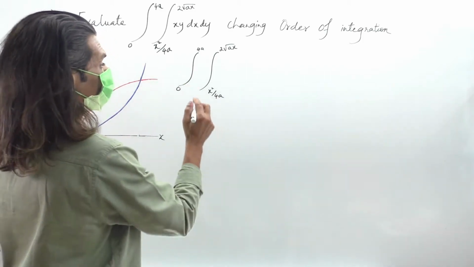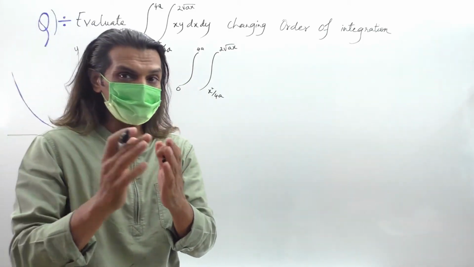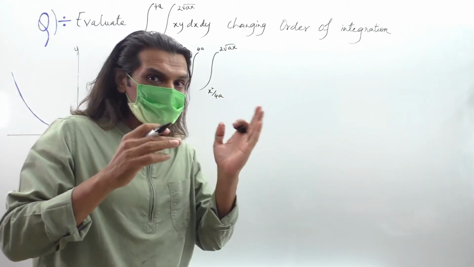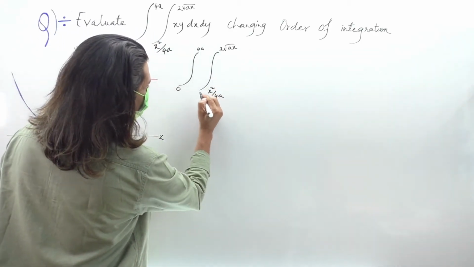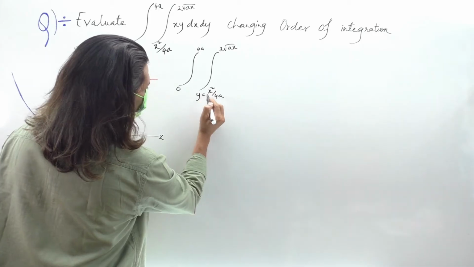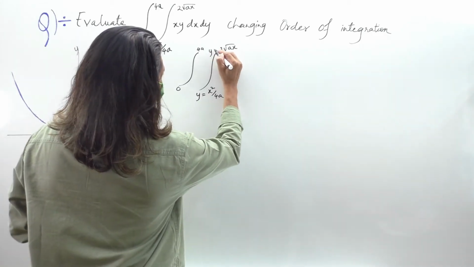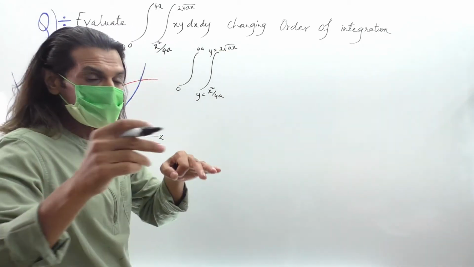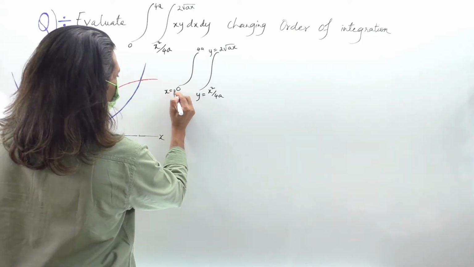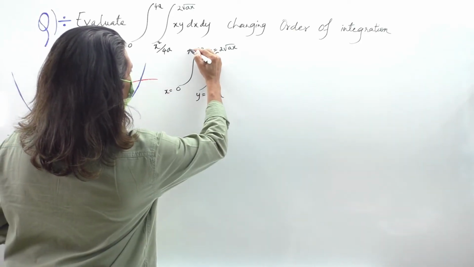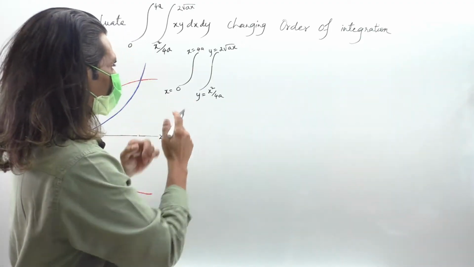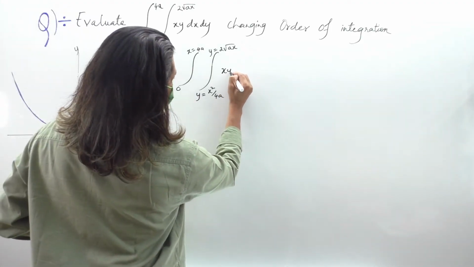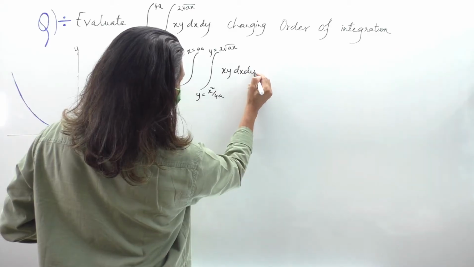So that means as the double integral has 2 variables, x and y, one will be x, other will be y. So since there is x here, this becomes an equation of y in terms of x. So this also will be y is equal to. Now what remains? x. So the outside limit is x is equal to 0 to x is equal to 4a. Fine. So now you have the limits into xy dx dy.